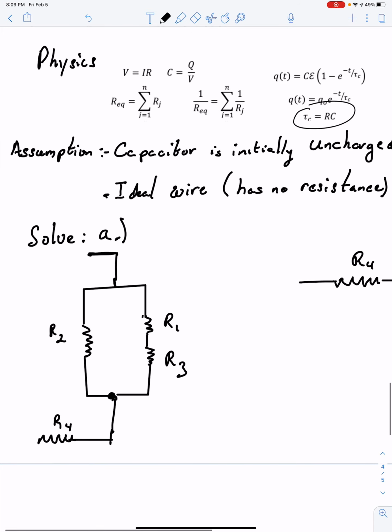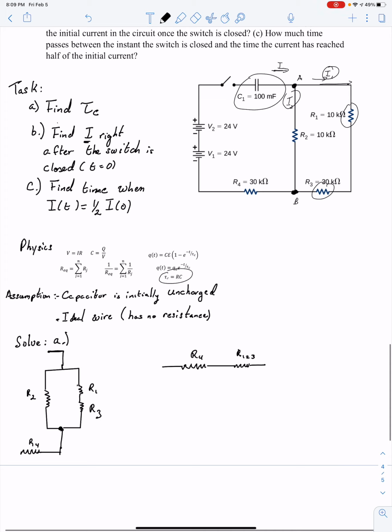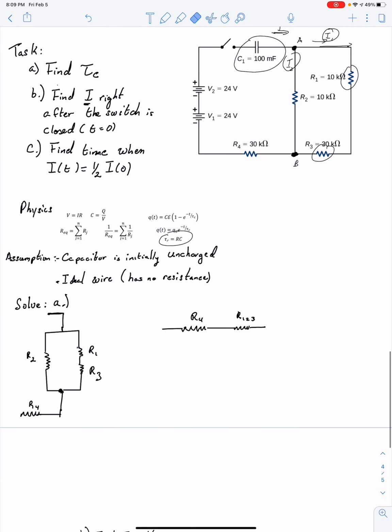I specifically did this to show you, just in case, that it's not necessarily completely in a straight line with squiggly lines, got it? But it is still considered a series. So R1 and R3 are still considered a series.